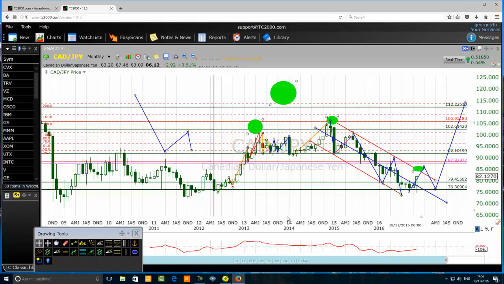Talking about wave theory tips for currency traders. The financial instrument that we were analyzing is the Canadian yen, the Canadian dollar, Japanese yen. We have in this case a multi-wave that was completed in 2013, followed by a complex flat correction.